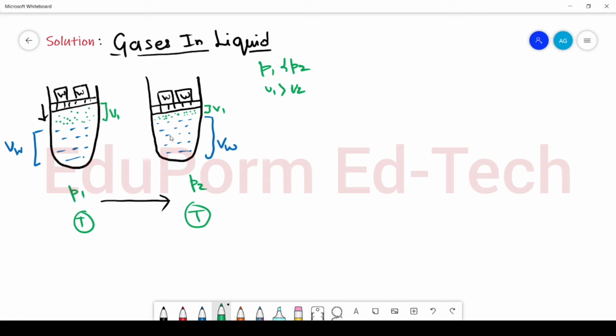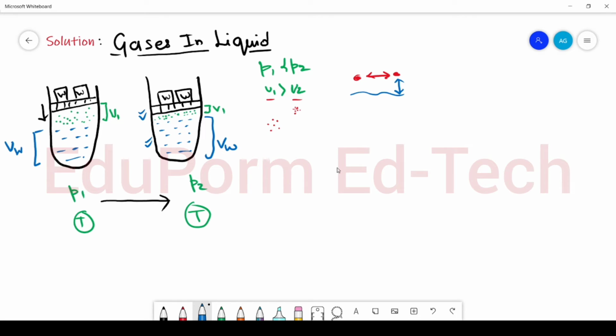Now, as the volume of HCl gas decreases from V1 to V2, the number of particles of HCl gas per unit volume will increase, due to which the collisions between the particles of HCl, as well as between the particles of HCl and the particles of water, will also increase, and this increase in collisions will result in increase of solubility of this gas in this liquid.